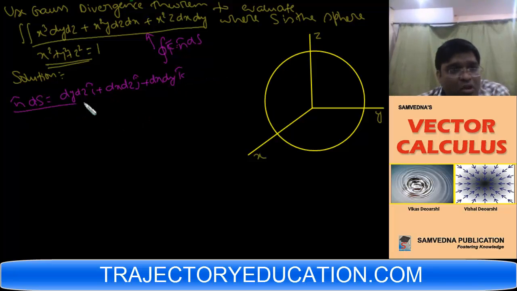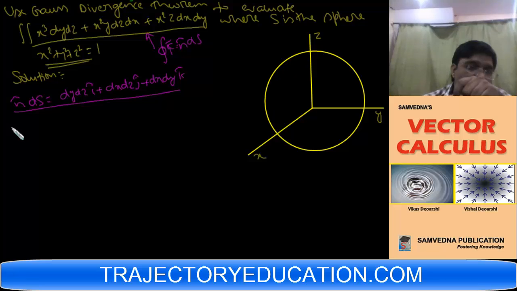I'll show you in the figure how we can write this. Sometimes in some books you will find that this is also written as dS vector. So dS vector is just n dS. Any vector can be written as the magnitude times the unit vector in that direction. So n is the direction of this dS vector. So this surface element vector can be written as dy dz i plus dx dz j plus dx dy k.